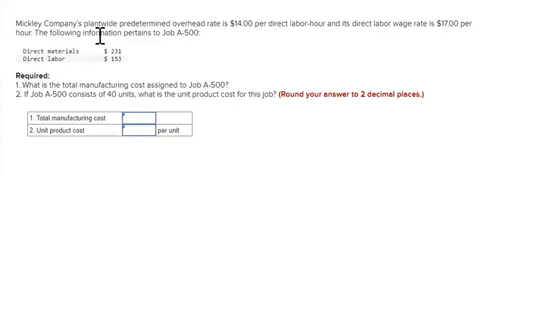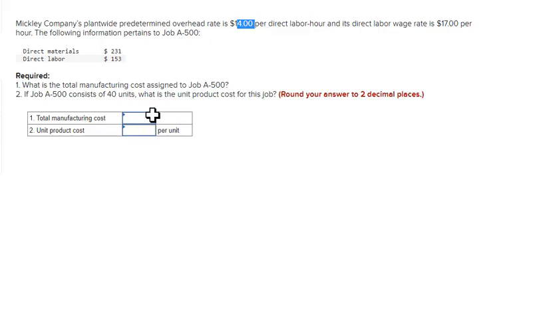This Mickey company's plantwide predetermined rate is $14 per direct labor hour, and the labor wage is $17 per hour. The following information pertains to job A500. We know the total manufacturing cost will include the direct material and direct labor plus the overhead costs.